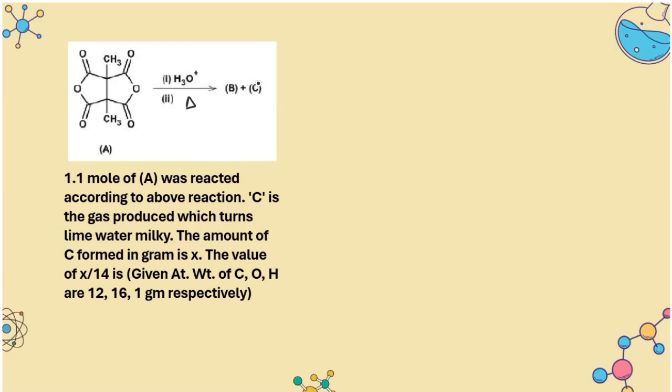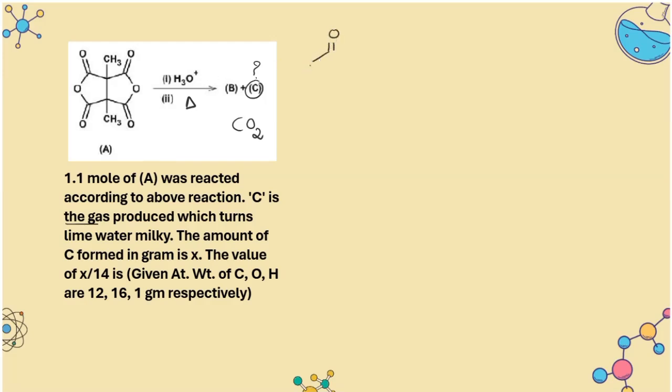In order to know what this gas C is, you need to either write the reaction or just simply, from this statement, the gas produced which turns lime water milky tells you that C is nothing but carbon dioxide. That means this molecule is undergoing hydrolysis followed by decarboxylation. So how to write the product?